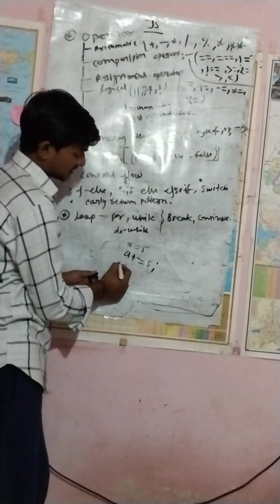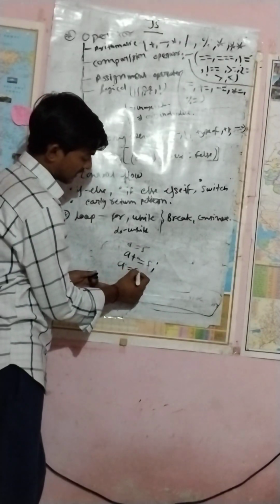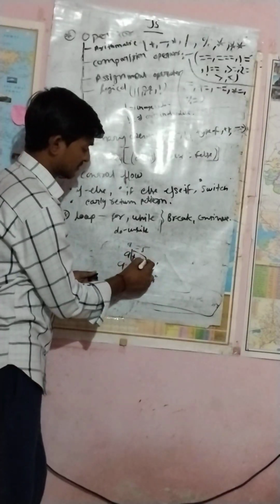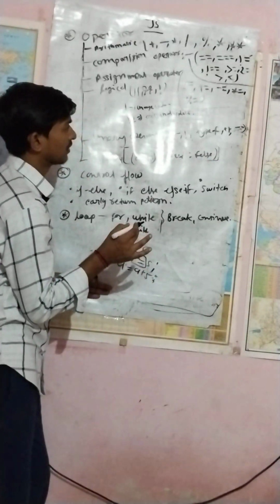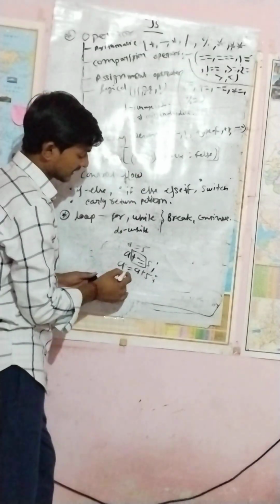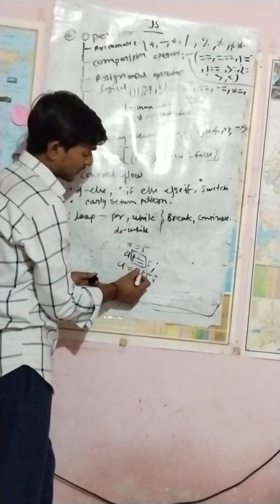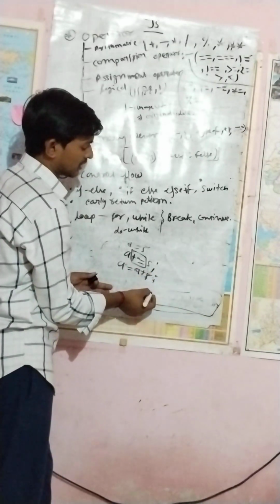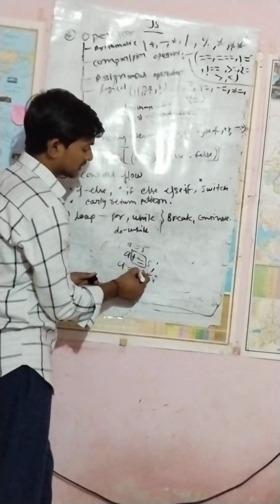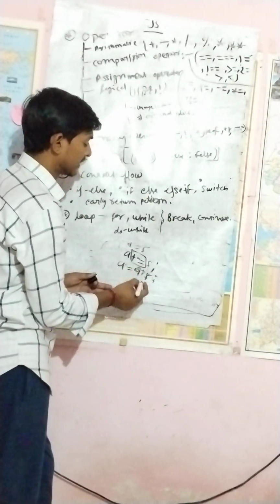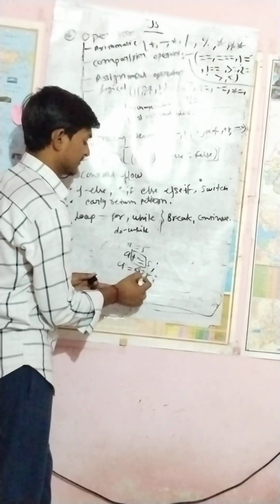What is the meaning of this? It means a equal to a plus 5. Basically, plus equal, into equal, or anything mentioned in the chart means you add, multiply, subtract, or apply any value to the given, predefined variable.